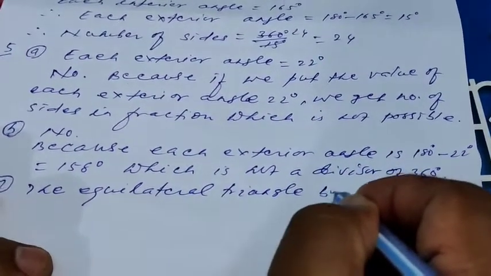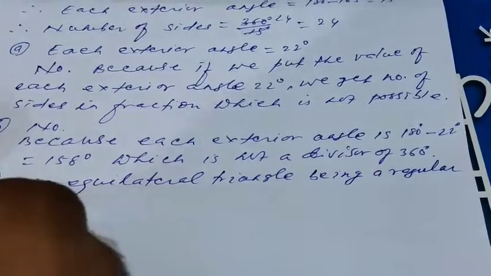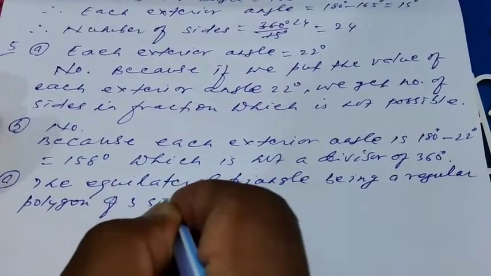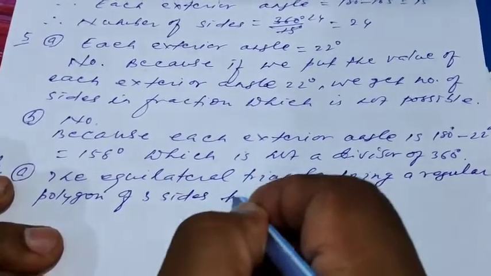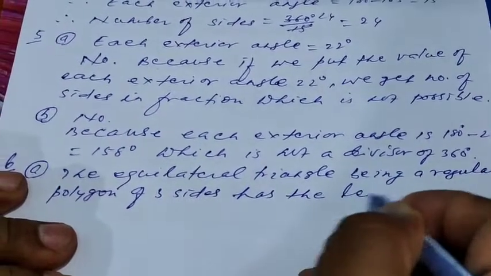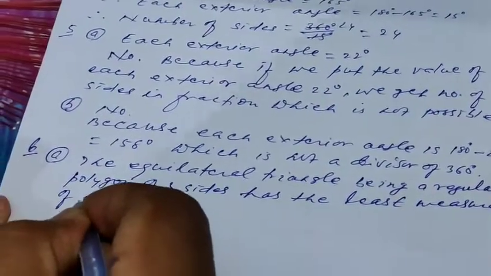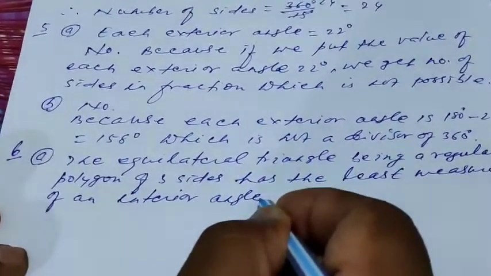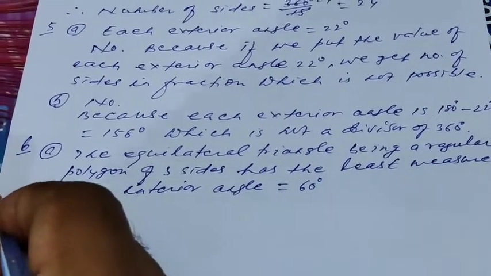Being a regular polygon of three sides, it has the least measure of an interior angle, equal to 60 degrees.